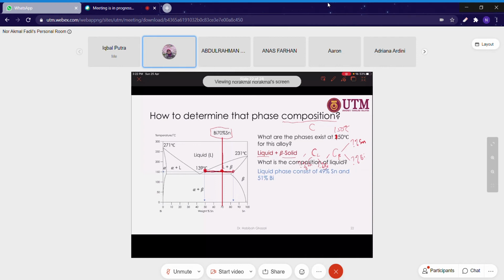Let's say you don't know what liquidus and solidus are, and you don't want to memorize them. Never mind. When we draw a tie line, you need to first identify the boundary between the tie line and the neighboring phase. For example, this intercept happens at the next phase, which is liquid, so automatically this reading belongs to the composition of liquid.